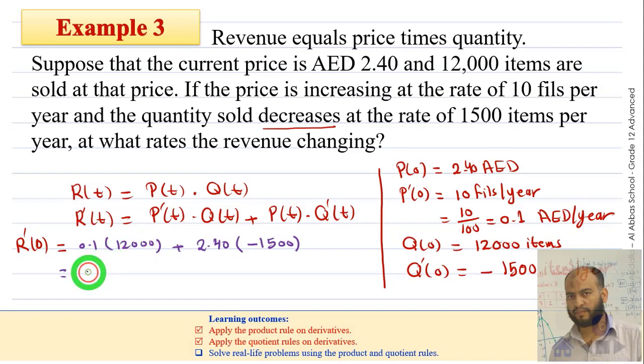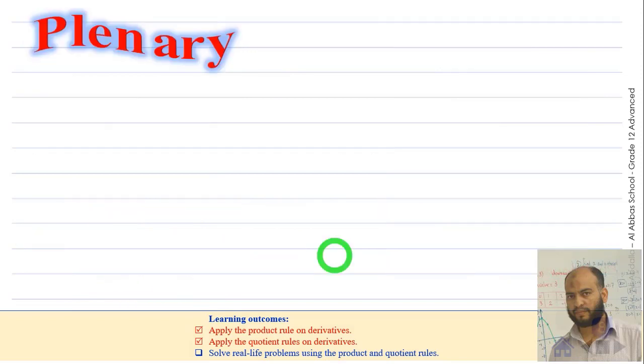You will find it equal to negative 2,400 dirham per year. This means the revenue is decreased at a rate of 2,400 dirham per year.